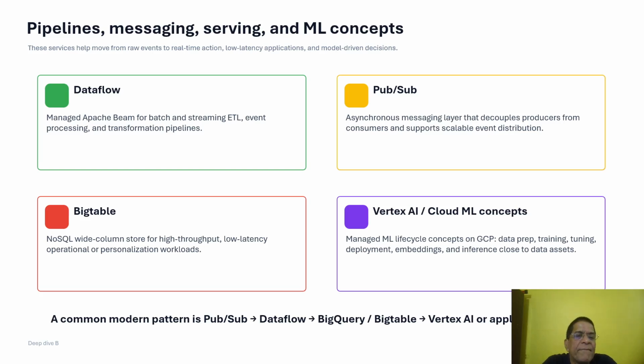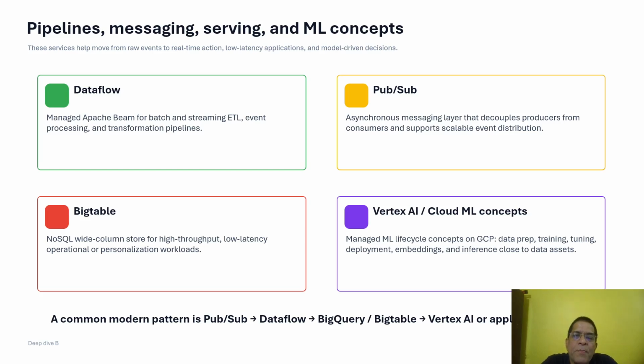ETL means extract, transform, and load, or extract, load, and transform. So either way, you can do this. For event processing and transformation pipelines, if you need some kind of processing and transformation of your data, you can do this in the Dataflow platform.